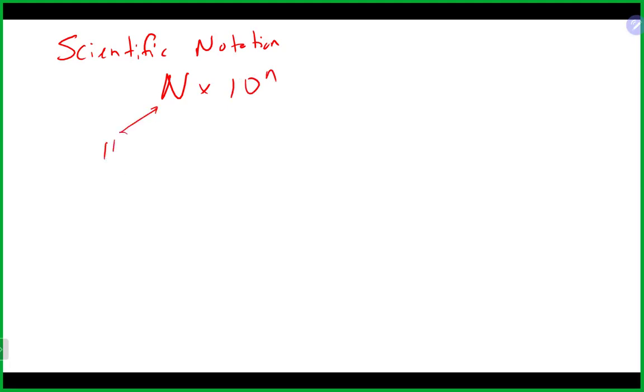All right. So last time we talked about units, and then we got into scientific notation. And remember that when we write something in scientific notation, it is this format, N times 10 to the n. The first number here is usually between 1 and 10. 1's okay, can't be less than 1.